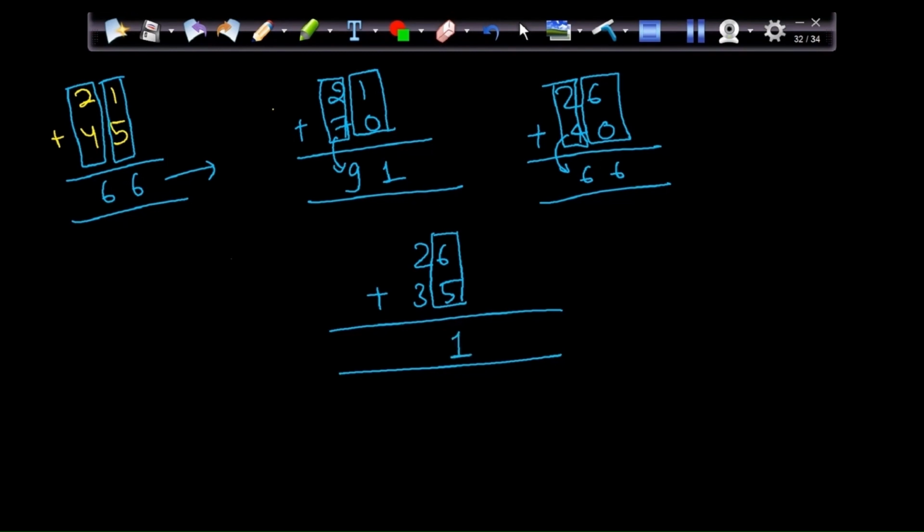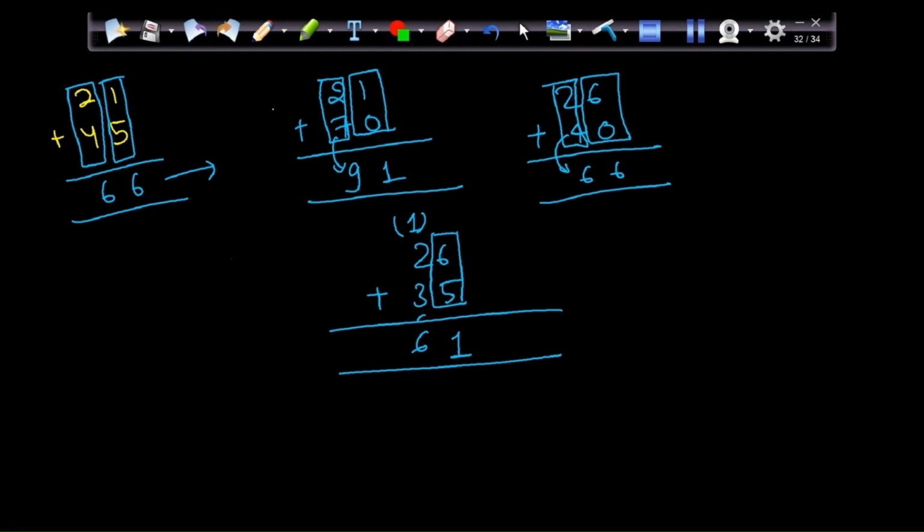What is the problem? Let me do it directly because you know the process. 6 plus 5 is 11. So you write 1 at the ones place, and you send 1 as a carry to the tens place. And now you add 2 plus 1, 3 plus 3 is 6. This is how you do the addition.